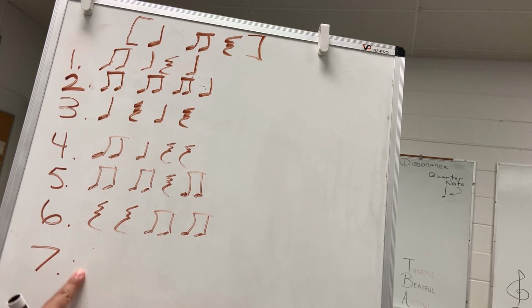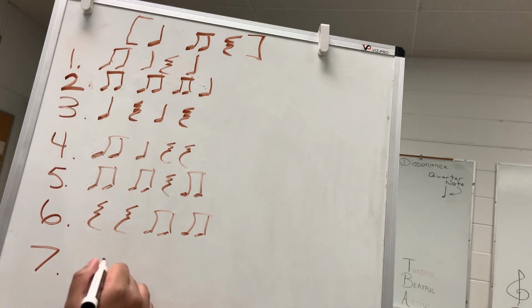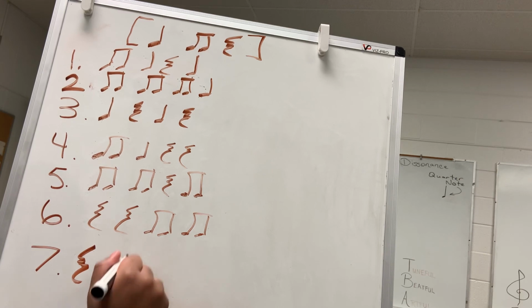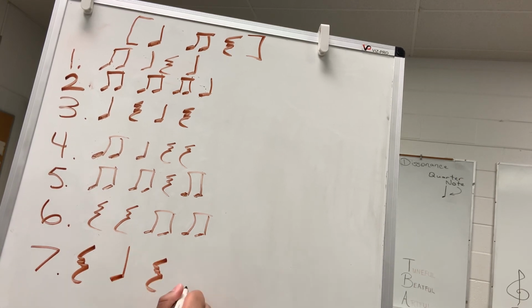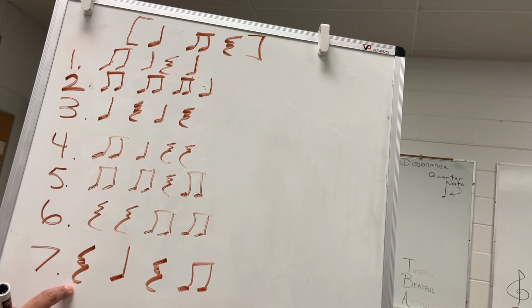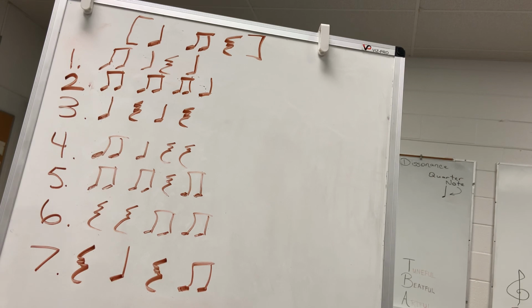And now number seven. Do, day. Beat one should be a quarter rest. Beat two should be a quarter note. Beat three should be a quarter rest. Beat four should be a pair of eighth notes.